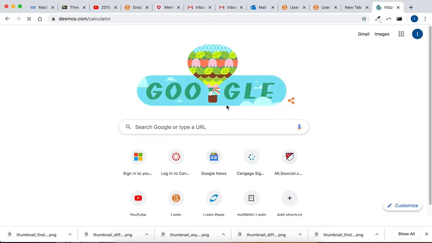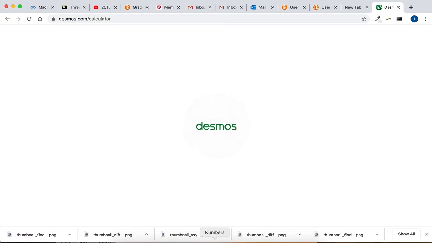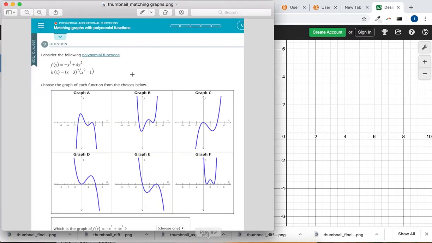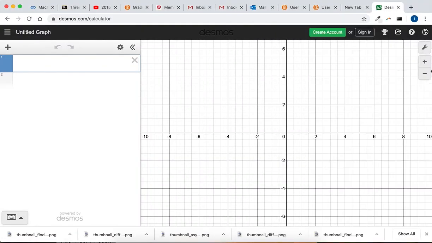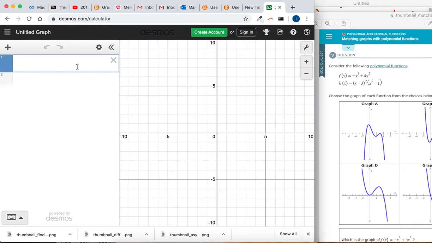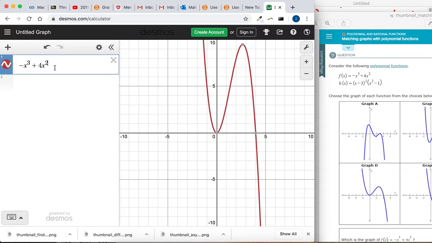So we go to Desmos. If you type in the functions, for f of x, just type in negative x to the third plus 4x squared, and Desmos knows you want a y variable on the other side.